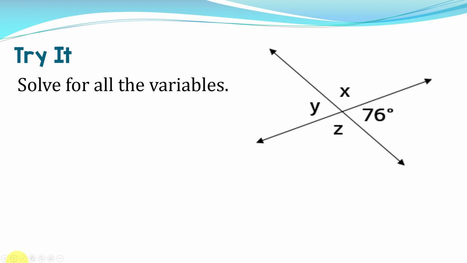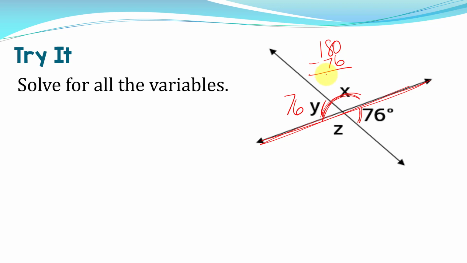All right, how could we solve for all the variables? Well, we'll start by knowing this angle and this angle are vertical. So y is 76 degrees. Then these two, y and x, form a linear pair. So that needs to equal 180 minus 76 for the y.